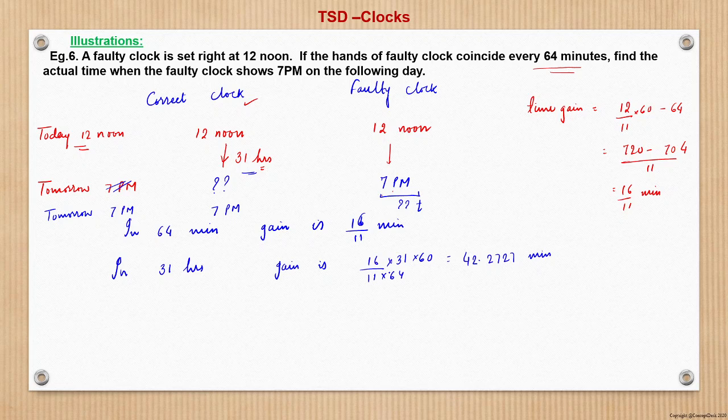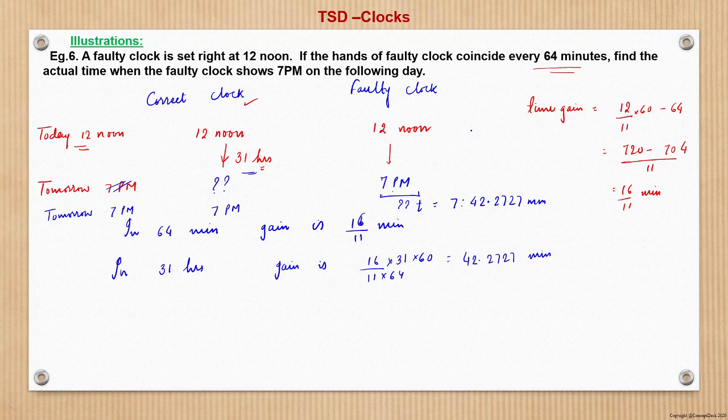So basically it means that when it was 7 p.m. in the correct watch, it was 7 p.m. and 42.27 minutes. So basically then we can say that from 12 noon, t is equal to 7 p.m. and 42.2727 minutes.